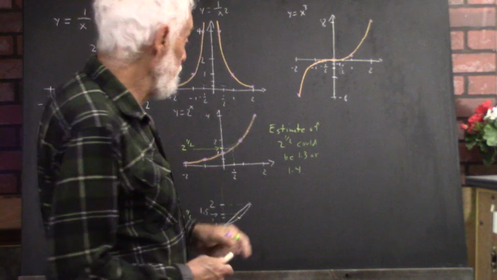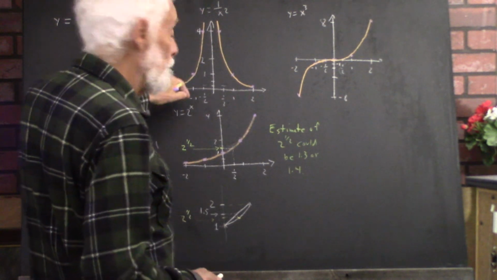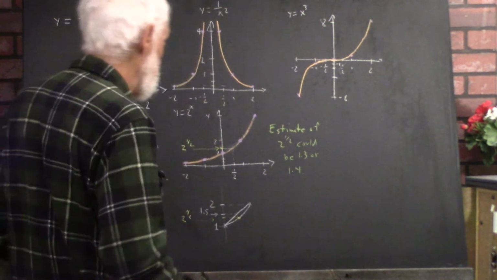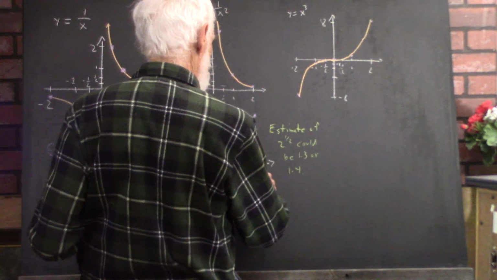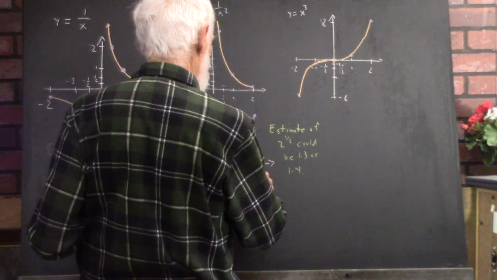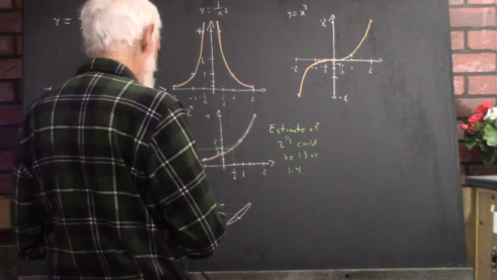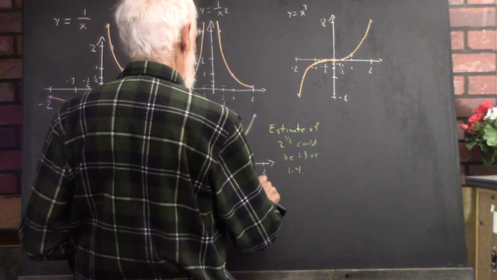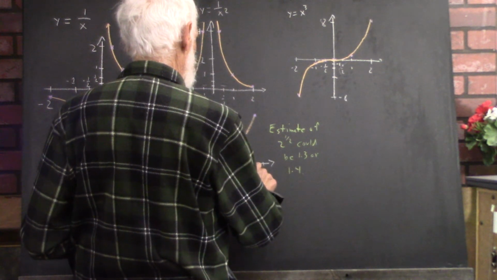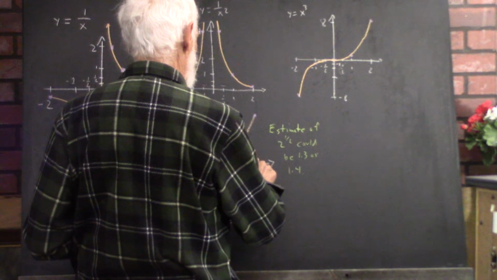If I want to estimate the value of 2 to the 1.3 power, well, here's 1. So here's the 1.5. So 1.3 would be about here. So here's x equals 1.3.